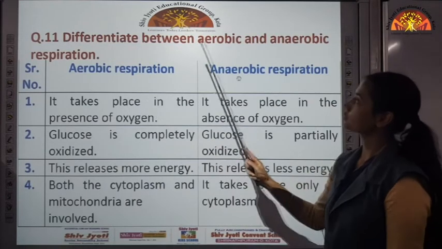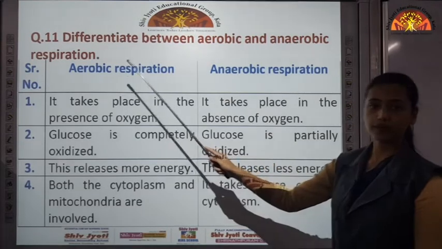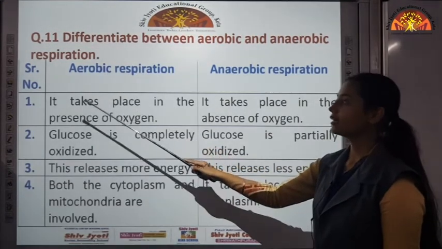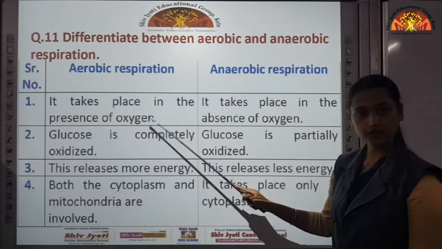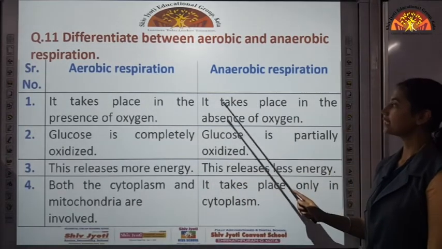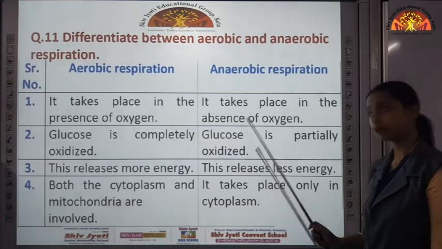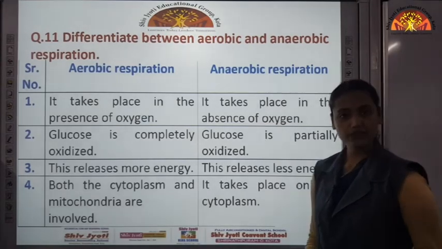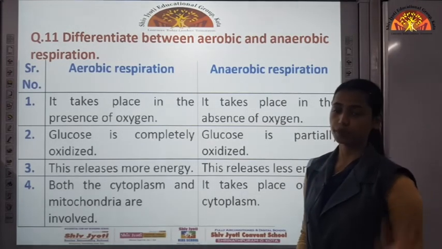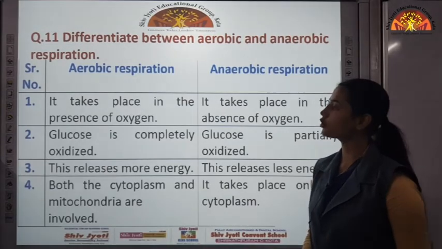Now differentiate between aerobic and anaerobic respiration. Aerobic takes place in the presence of oxygen, whereas anaerobic takes place in the absence of oxygen. The main gas which we are talking about is oxygen, presence or absence of oxygen.